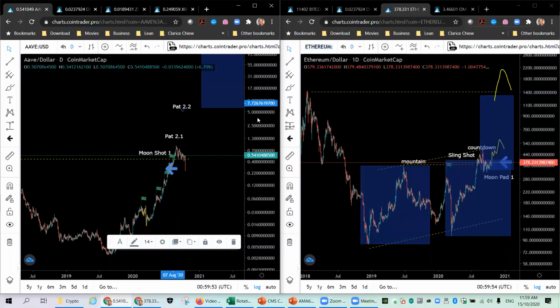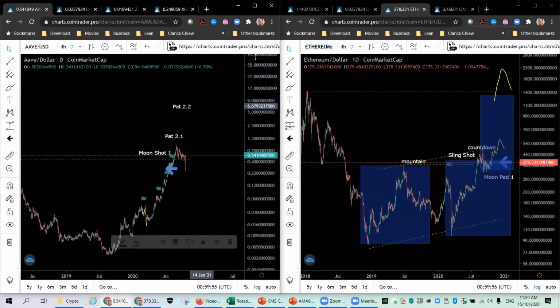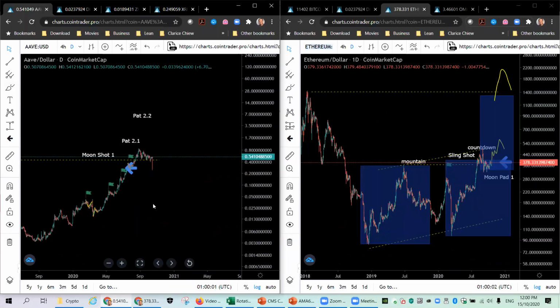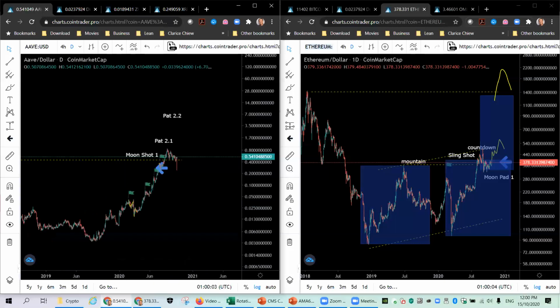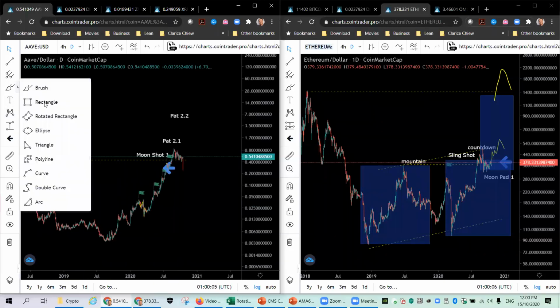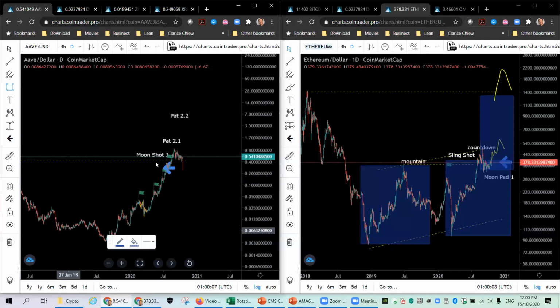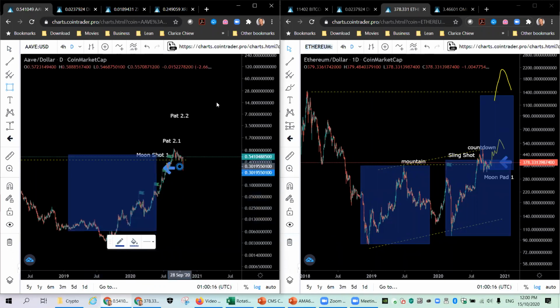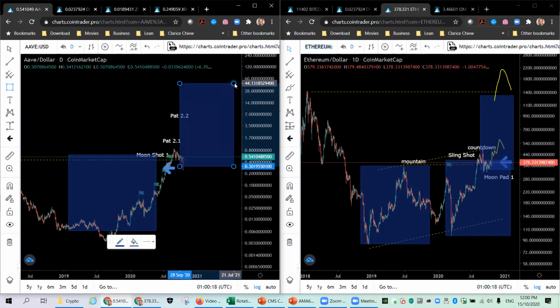So let me try to estimate and help us compare where it would be. I think I have this box here just now, and assuming that's the height of the box, we would be going somewhere around there.